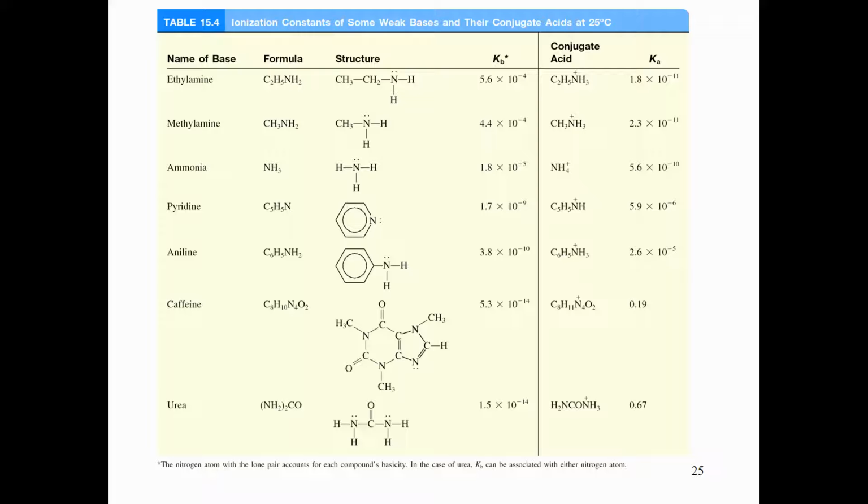Acetic acid is a very common acid that you'll get a question with, and ammonia is a very common base. The Kb of ammonia is 1.8 times 10 to the negative 5. The Ka of acetic acid is 1.8 times 10 to the negative 5 as well. That's a very common one that you'll see and use a lot. I think you'll start to recognize that.